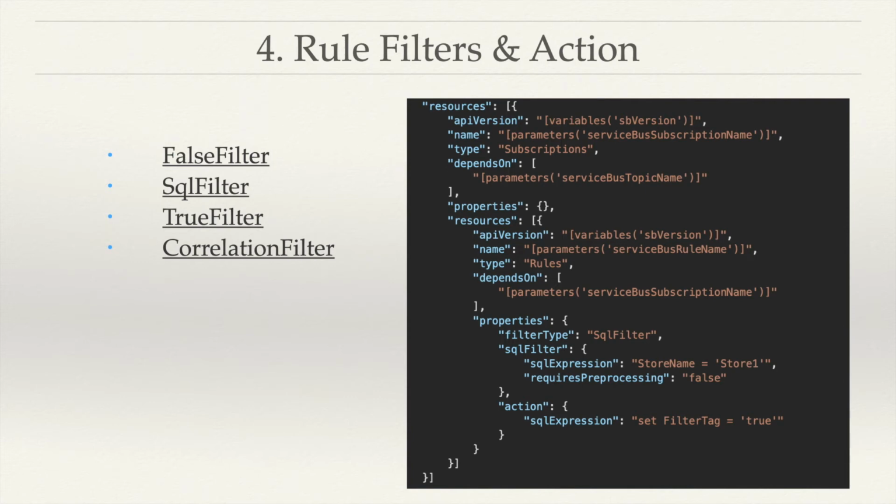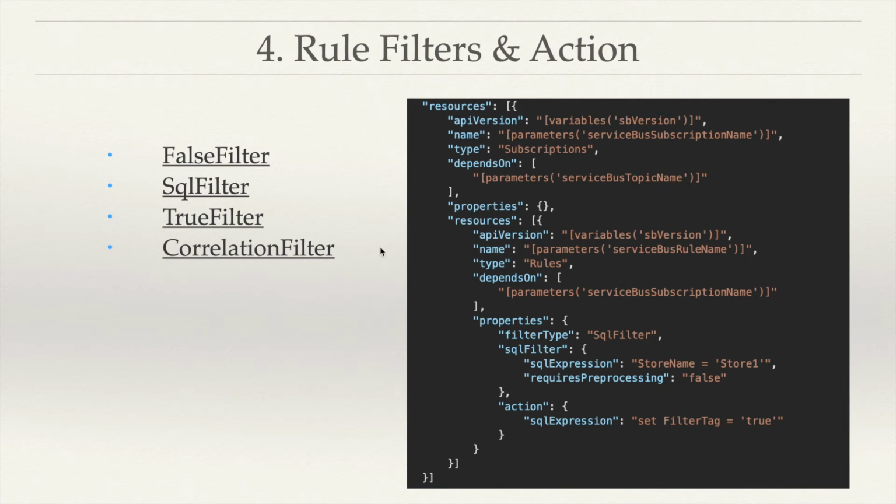Let's say you have a topic, different subscribers, and different receivers listening to the subscriptions. On your subscription, you can specify the filter condition, and based on the filter condition your message will be filtered through to the different receiver locations.